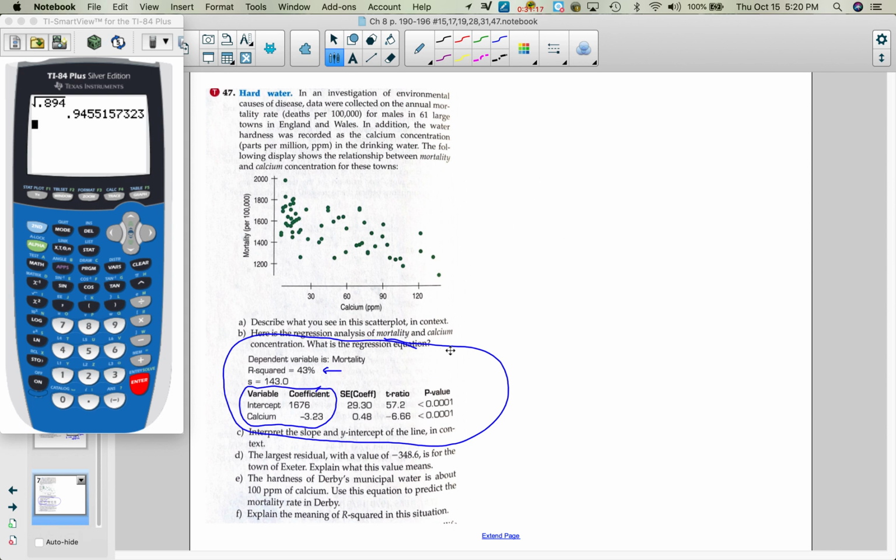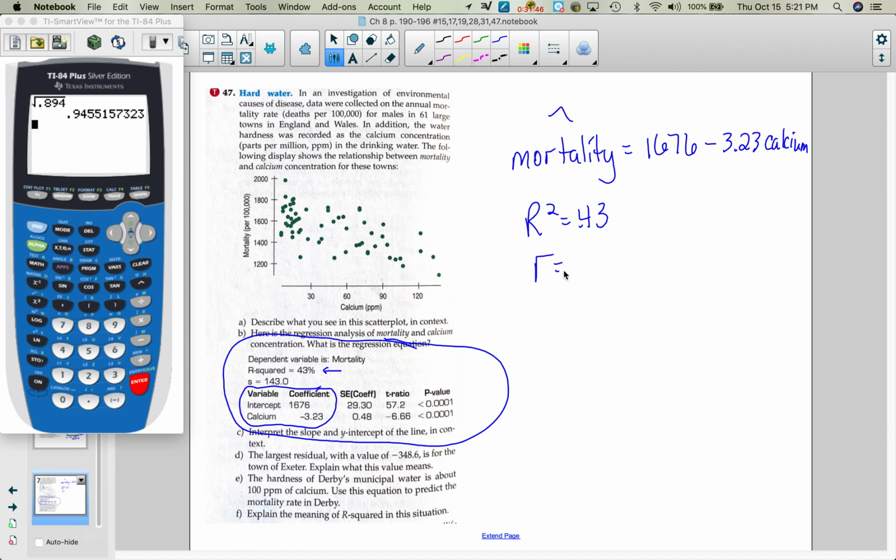So if I was writing my regression equation, I would have mortality hat equals, the constant is 1676. Since the slope is negative, 3.23, and then the calcium level. Okay, and r squared is 0.43.